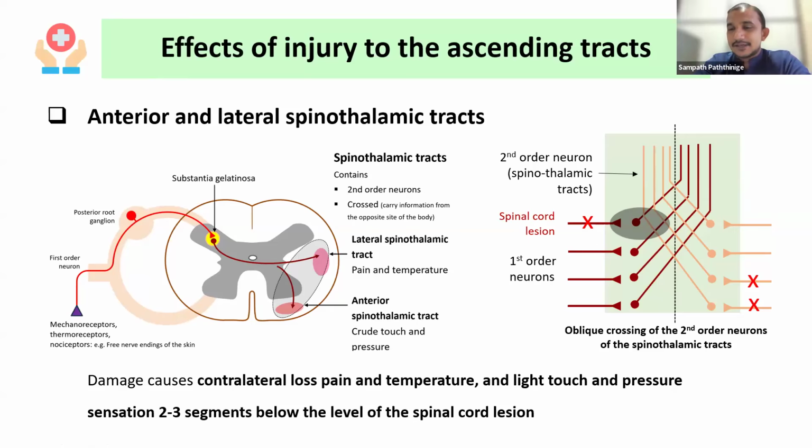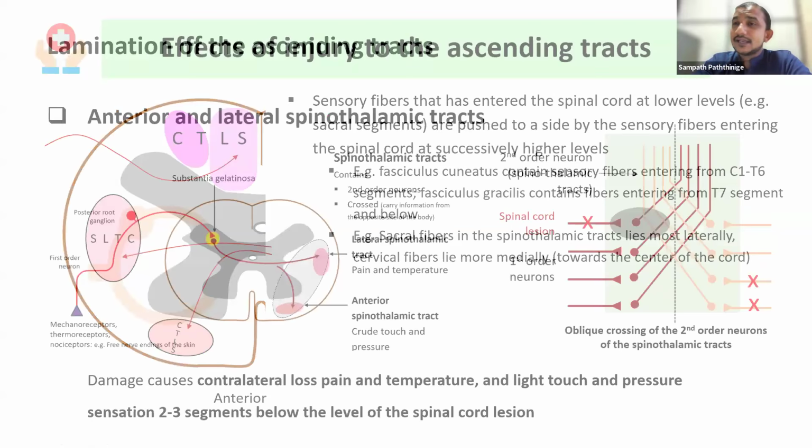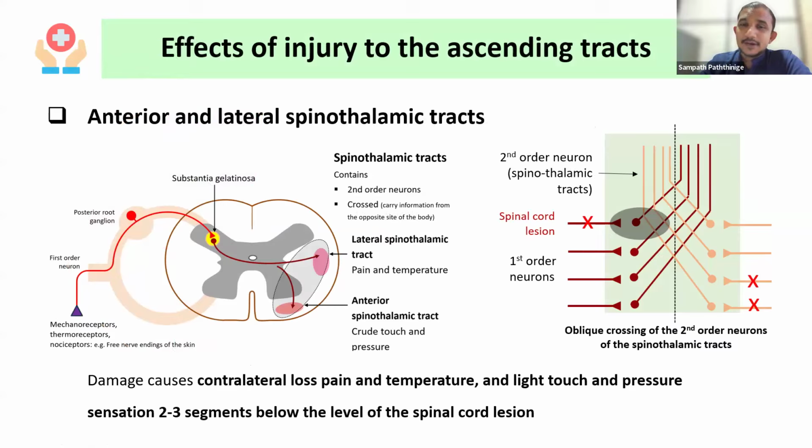What will be affected are the neurons which are a few levels below. That is why in spinothalamic tract injuries, the loss of sensation on the opposite side occurs a few segments below the level of the lesion.